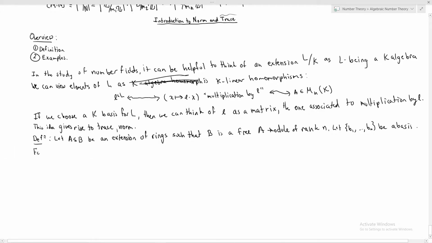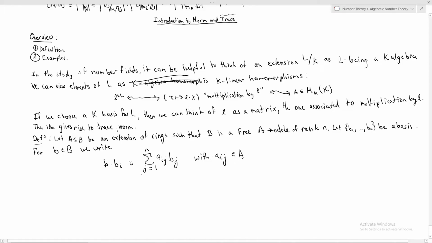And so for b in B, we write b times bi equals the sum from j equals 1 to n of aij bj, where the aij are in A. So what are we doing here?